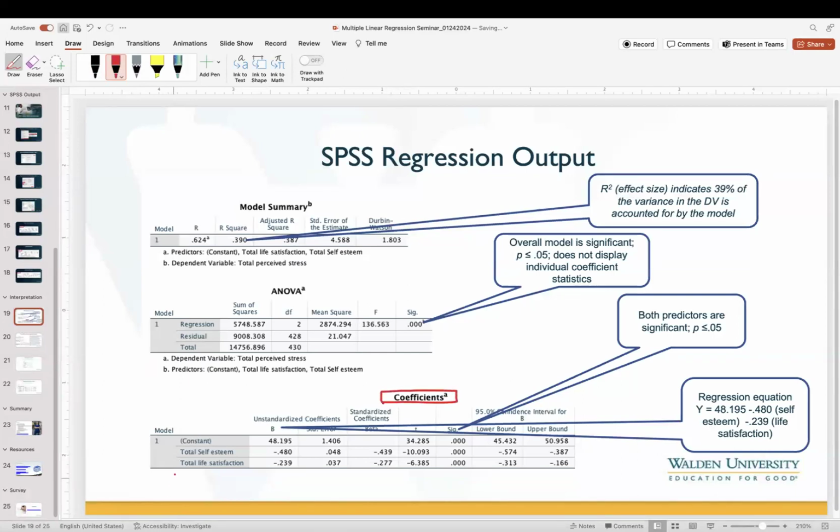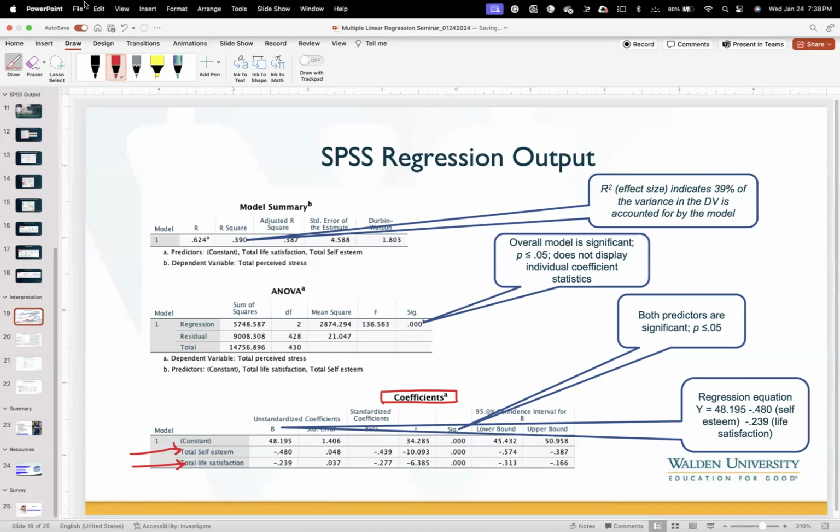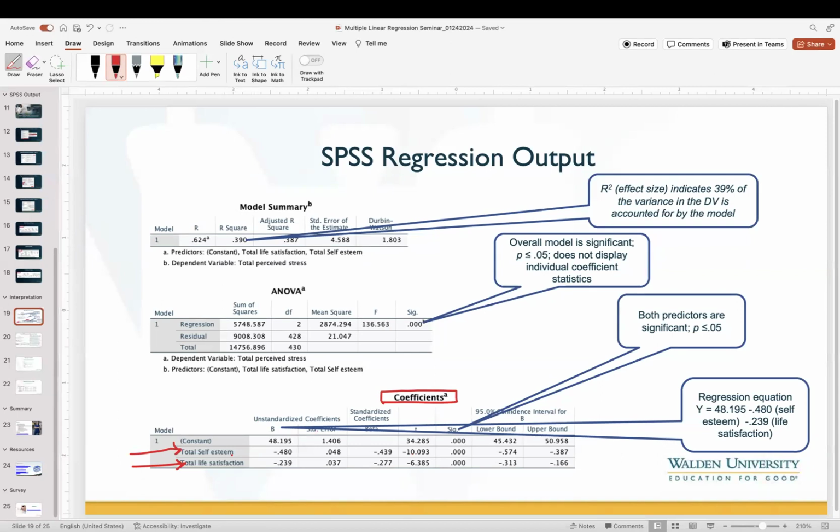Now what you'll see listed is the individual contributions of each variable. Does everybody see that? Okay, I'm going to hold off to make sure that everybody is following. Does everybody see the individual contributions of each variable in the coefficients? Okay. Now, what does that mean? We always still have to go to our sig column.